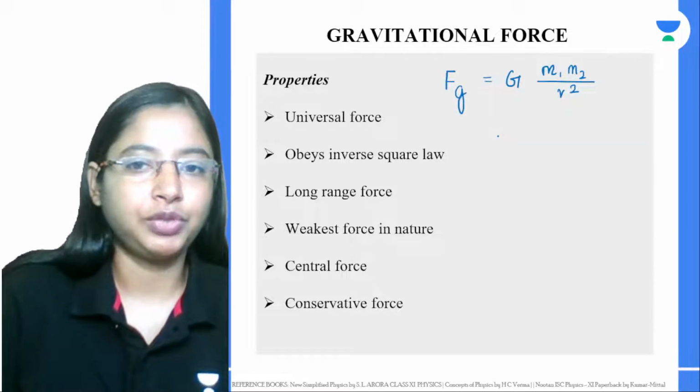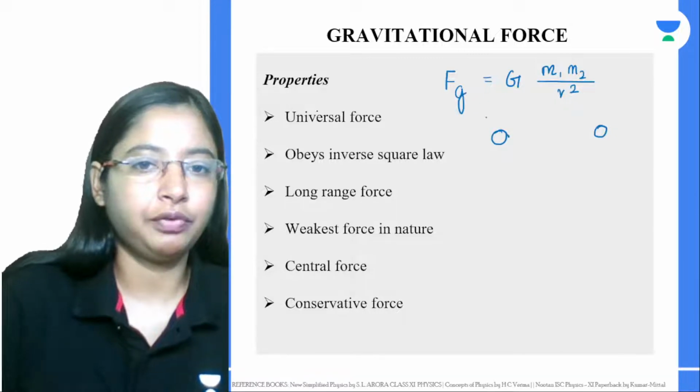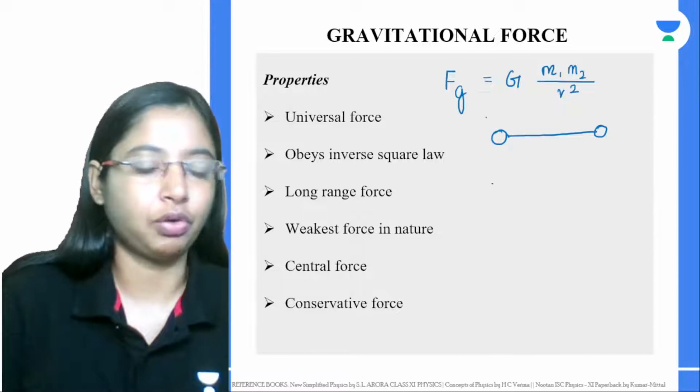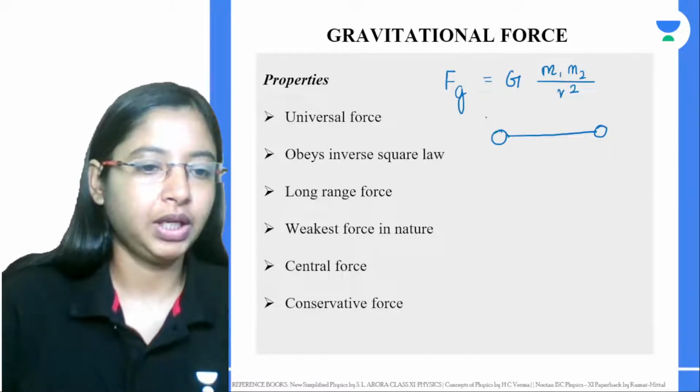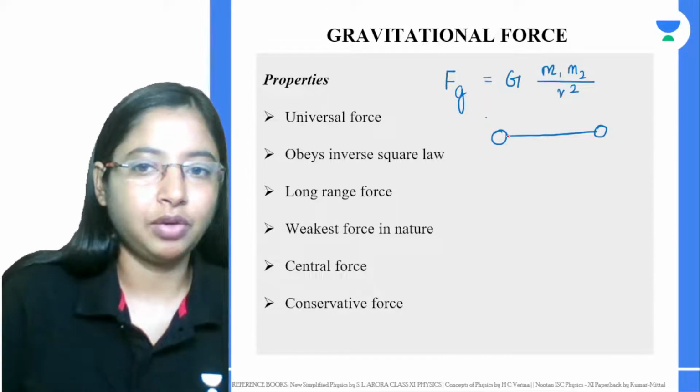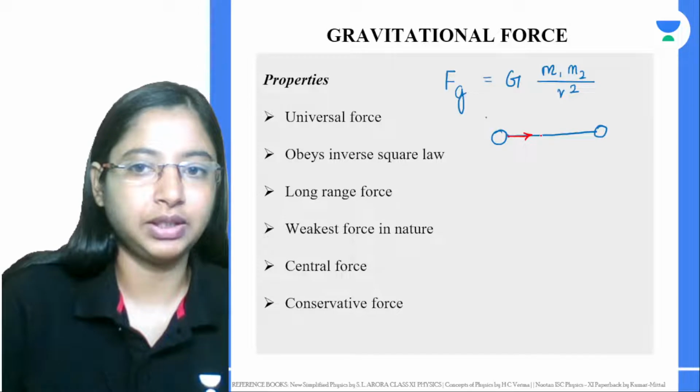Now, let's say there are two objects. The force always acts along the line joining the two objects. This object will get attracted towards the other in this direction, and the other object, M2, will get attracted towards this one in this direction.